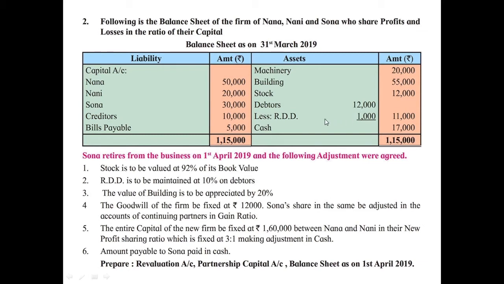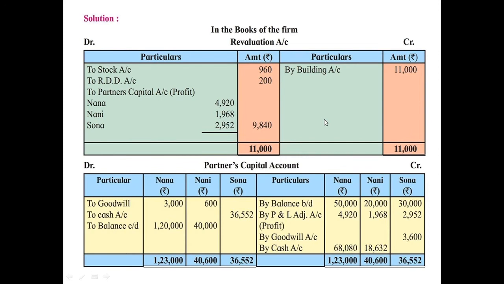Now here the old RDD is 1,000. If you subtract 1,200 instead of 1,000, the value of debtors further decreases by 200. So when the value of an asset decreases, it is recorded on the debit side of the revaluation account, to RDD account 200.